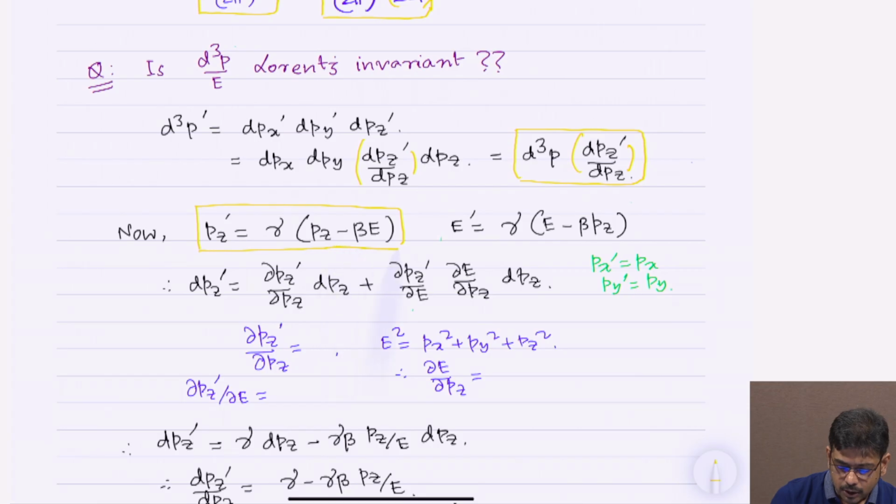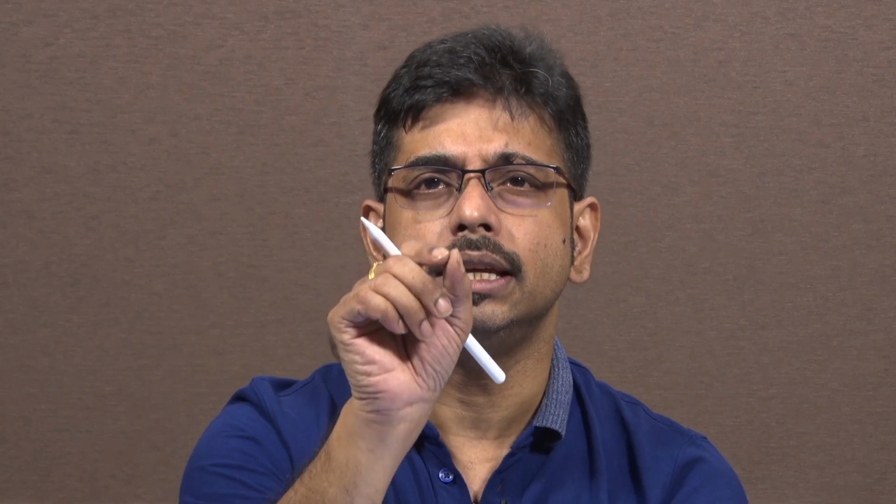Here I am replacing x by pz and t by E, because in the space-time system we have the four components t, x, y, z, and here the four-momentum has the time component as energy and the spatial components as px, py and pz.